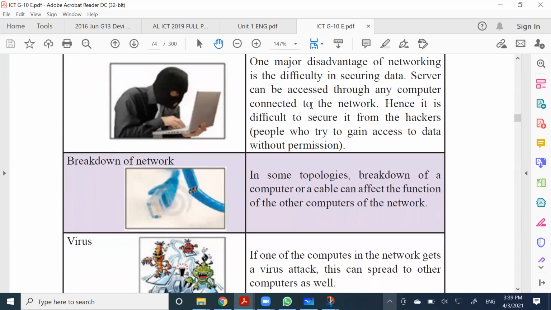And breakdown of networks. This is a common issue, specifically when it comes to wired networks. The network engineers or technicians always say the network cable layer should be in a place where it is not touched by anyone else.